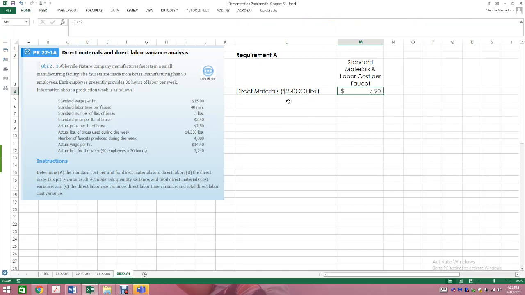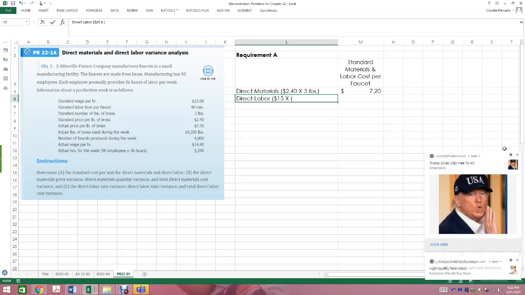That's my materials. Then I have my direct labor. Let's look at my labor. My standard wage, because remember we're looking at standard cost, is $15 per hour. Here I'm going to have to do a little bit of a different calculation.